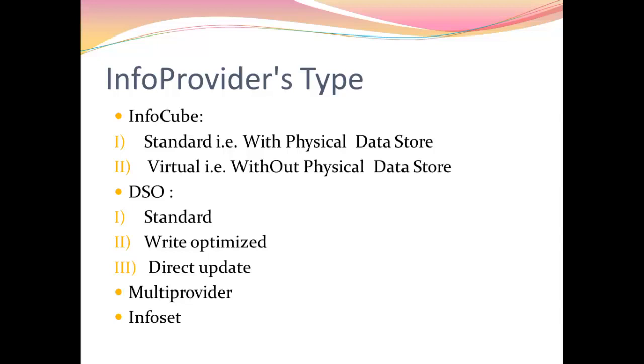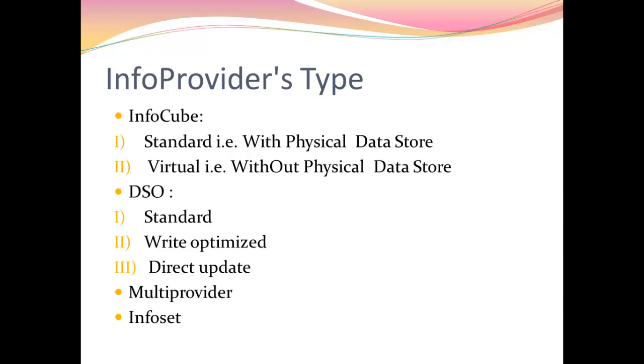Multi-providers and InfoSet. Multi-provider and InfoSet are info providers but not data targets. They do not hold data physically. They are used when we want to query by combining data from 2 or more info providers. These info providers can be an info object, info cube, DSO, or even an info set.